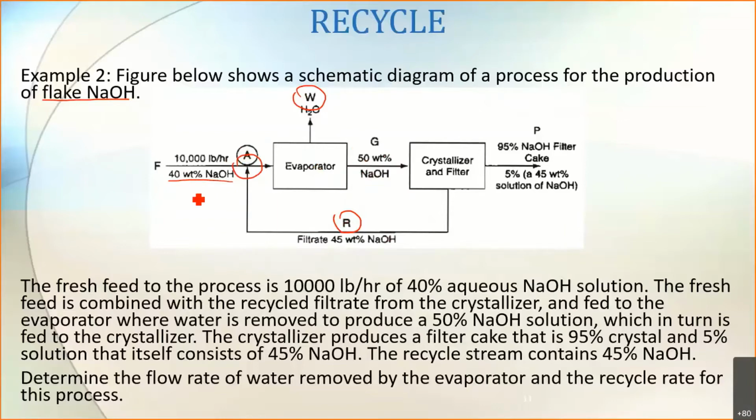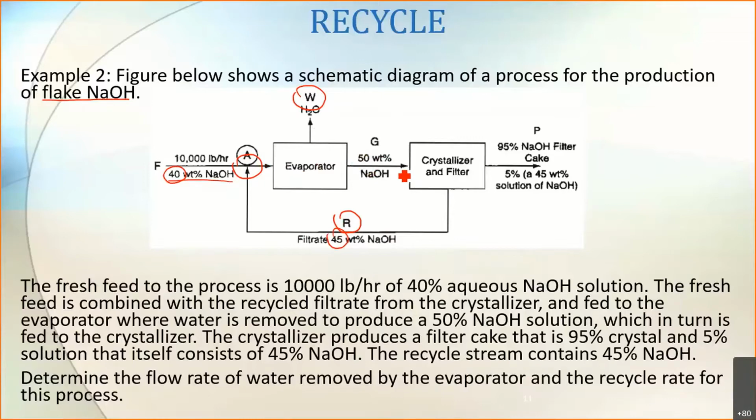Why? Because here you have 40%, here you have 45%, and over here you will have some composition of NaOH. When it goes into the evaporator, it will become concentrated, so it will reduce the water content by evaporating the water, and it will increase the value of NaOH in the aqueous solution.